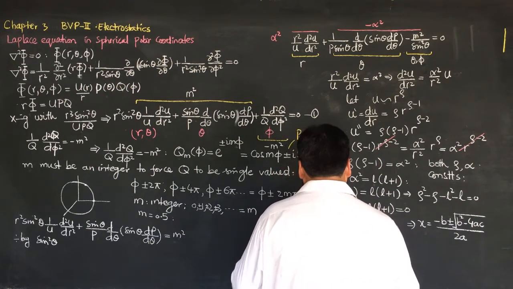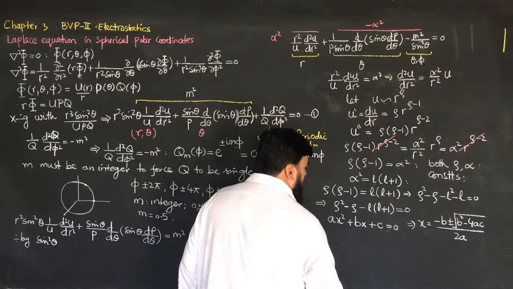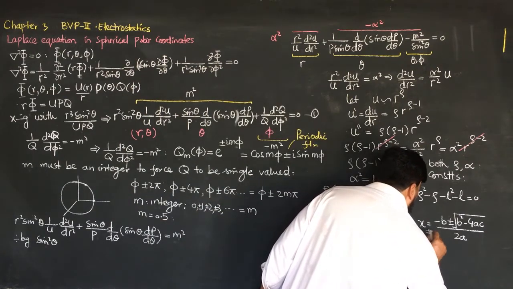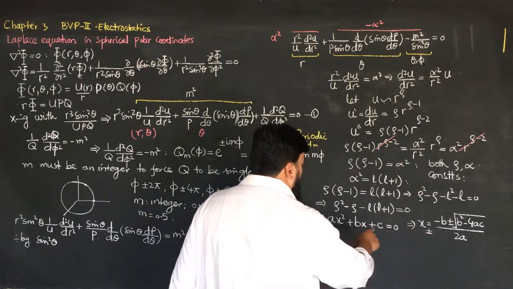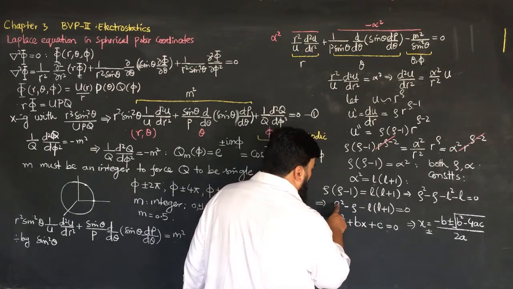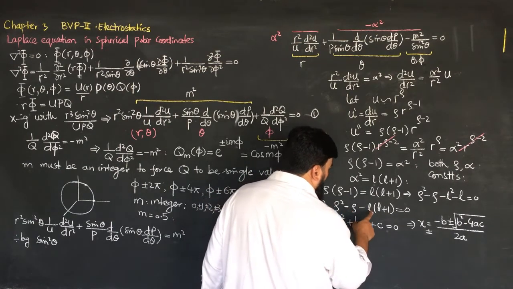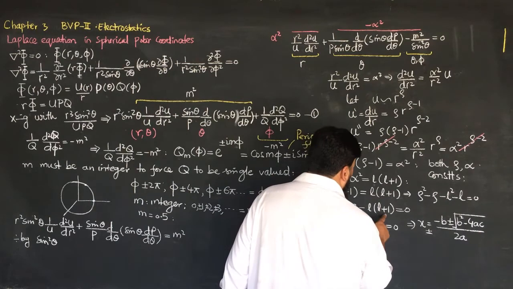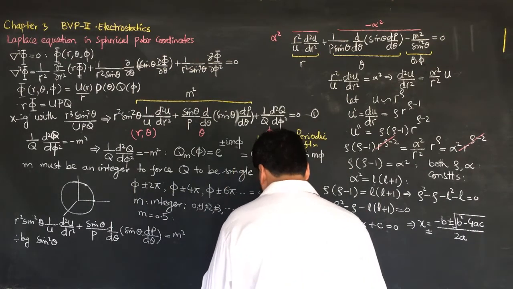So I can write from here that these will be the x plus minus values. Here our a is equal to 1, our b is equal to minus 1, and our c is equal to minus l into l plus 1.